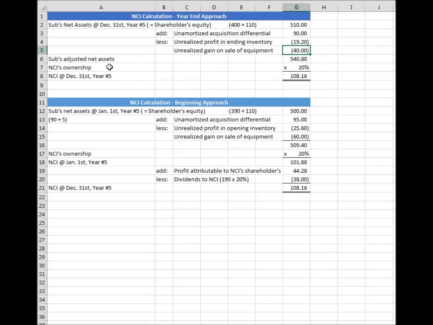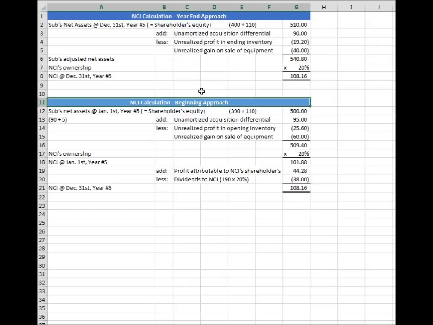Taking those out, we get adjusted net assets, and then we take the non-controlling interest ownership, which is 20%, and we get non-controlling interest at December 31st, year 5 of $108.16, or whatever units we're using here, because it's not said if it's in thousands or whatnot.